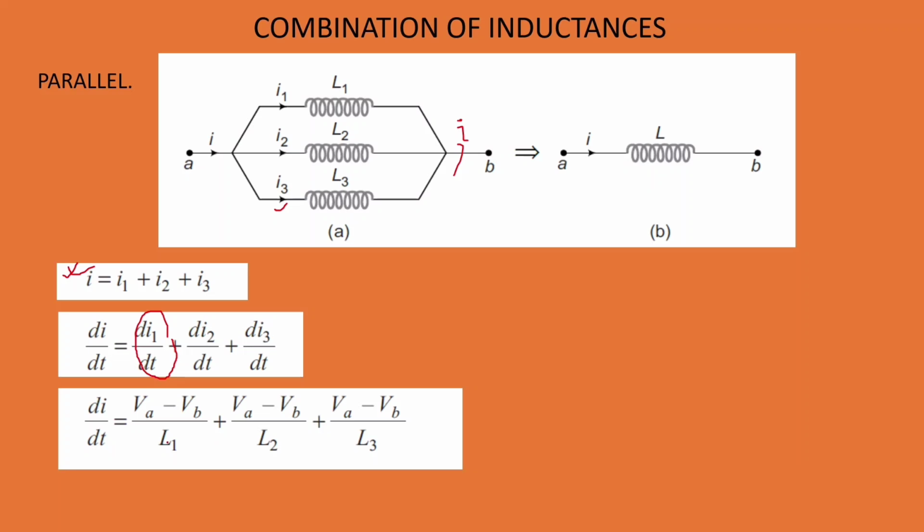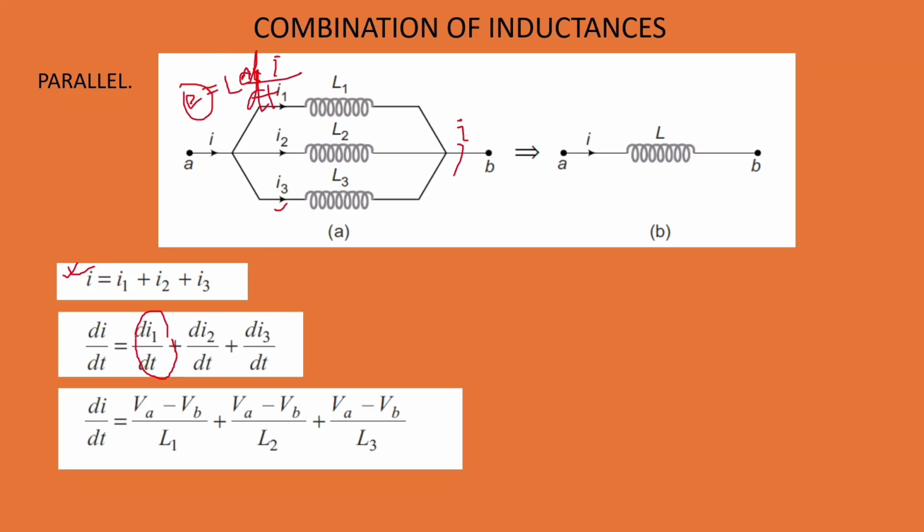We are using the formula for the EMF, E equals L di dt, where E is the voltage drop.